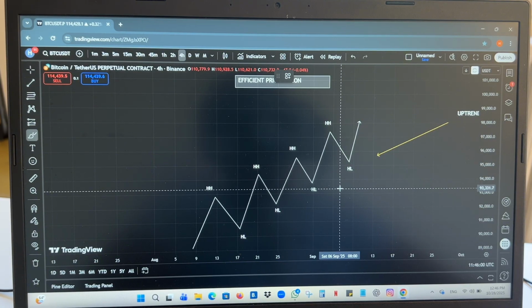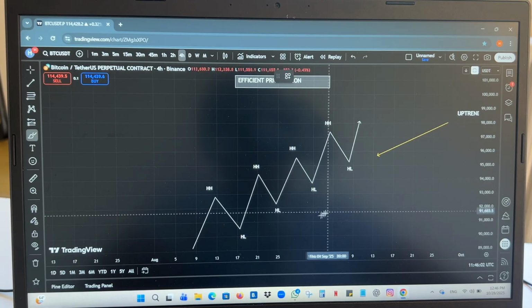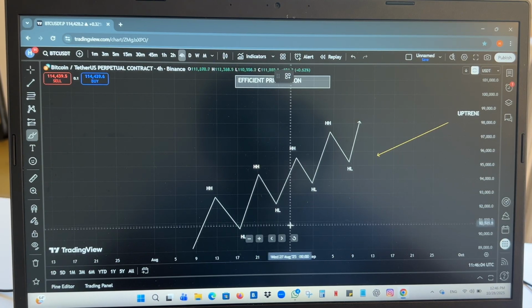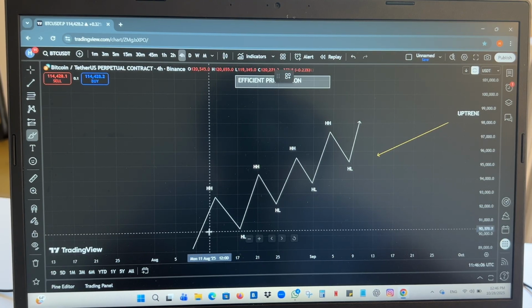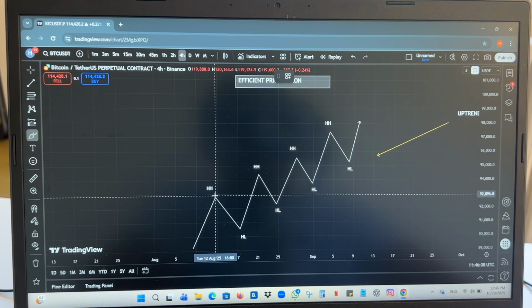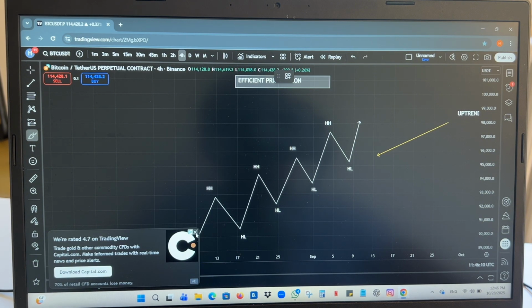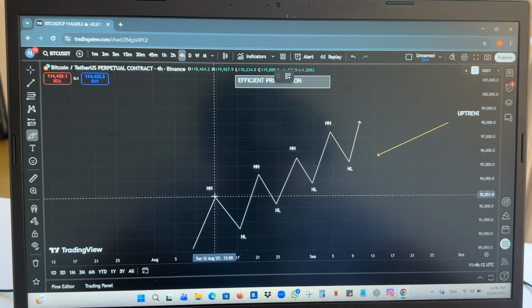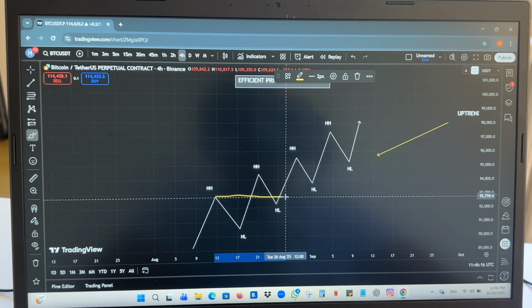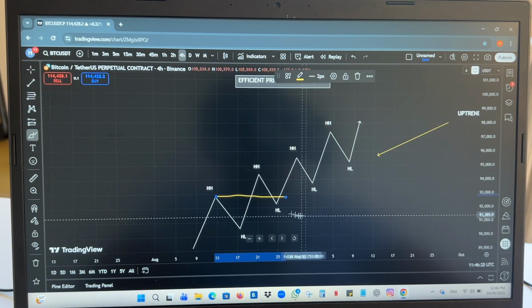It's easier to identify these highs and these lows, and then just draw a straight line from the high towards these lows.